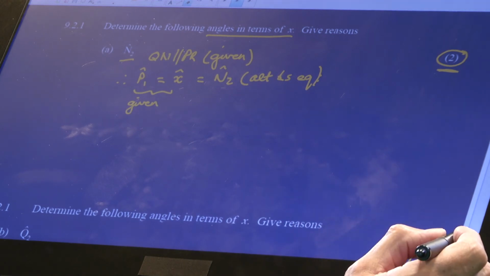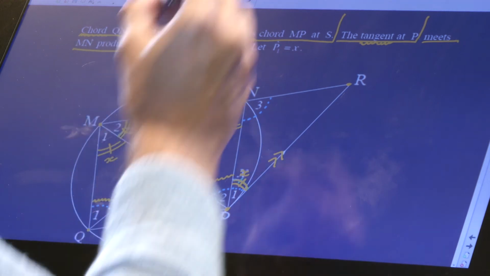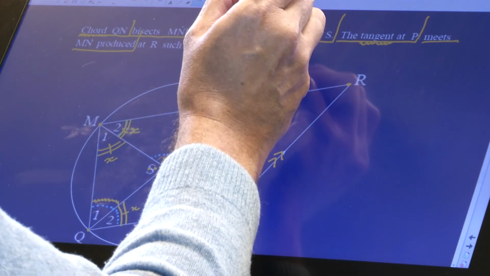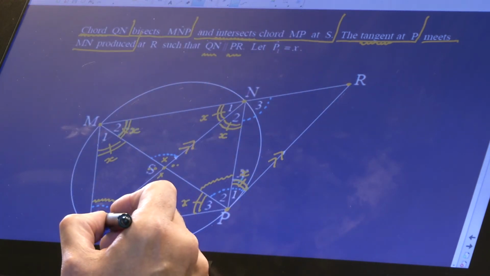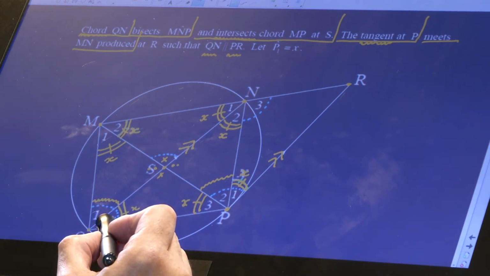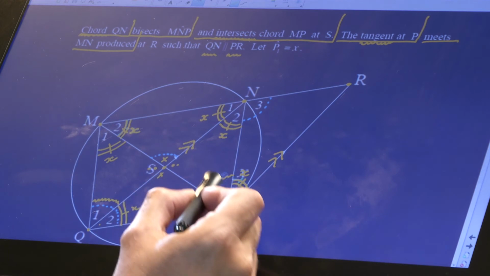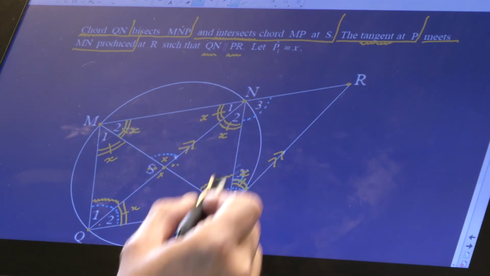Let's go back. We want to see where Q2 is. Q2 is down here at the bottom. Okay, here is our Q2 that we need to relate. Now, how did this become an X? Well, let's see. P1 became equal to M2 by the tangent chord theorem.